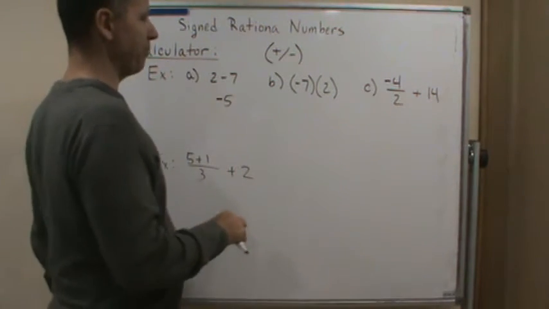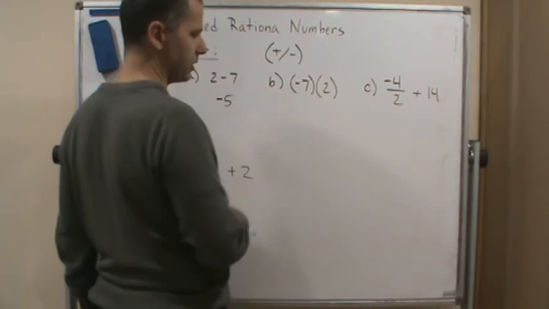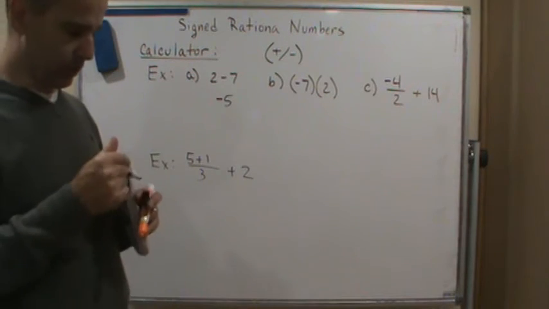Now here we have negative 7 times 2. Now again, if you put the parentheses in there, some calculators will know to multiply.